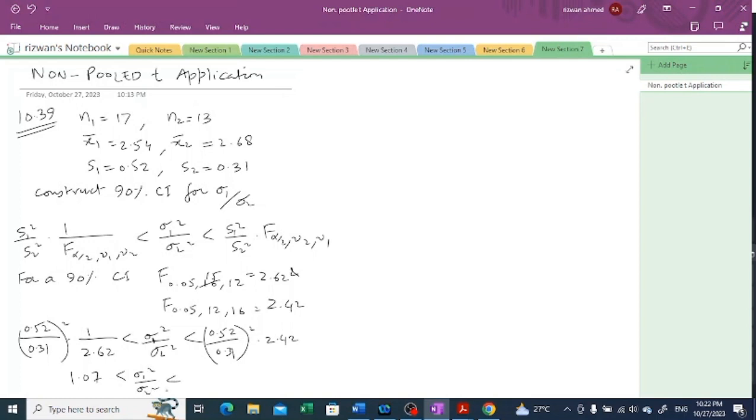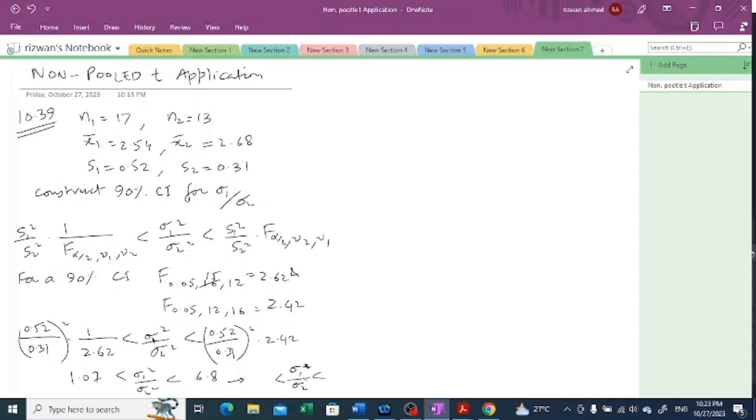And now the right hand side, that's 6.8. Now when we take the square roots, we can come up with the ratio of standard deviations.